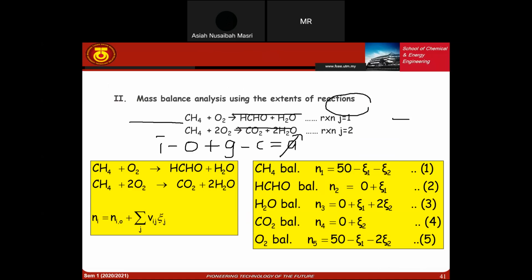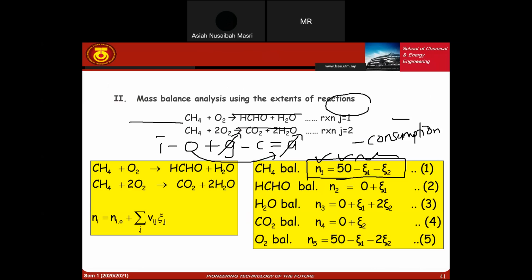For CH4, it is the reactant, so it is not generated, it is consumed. So generation is equal to 0. Lastly, we got this equation where output we move to the other side. We have output is equals to input minus generation. So this minus generation means minus consumption. Consumption means how much things react.